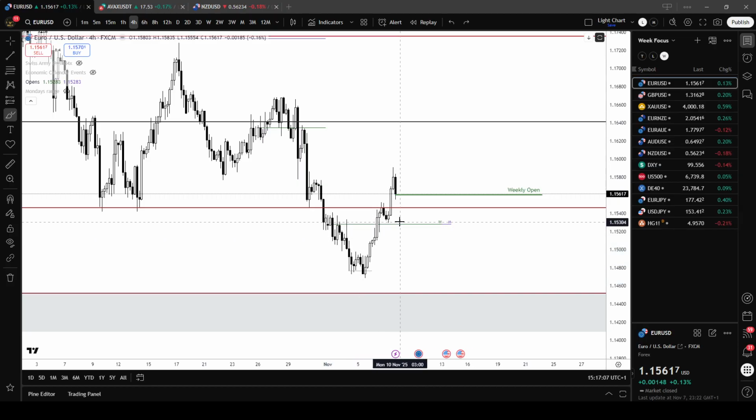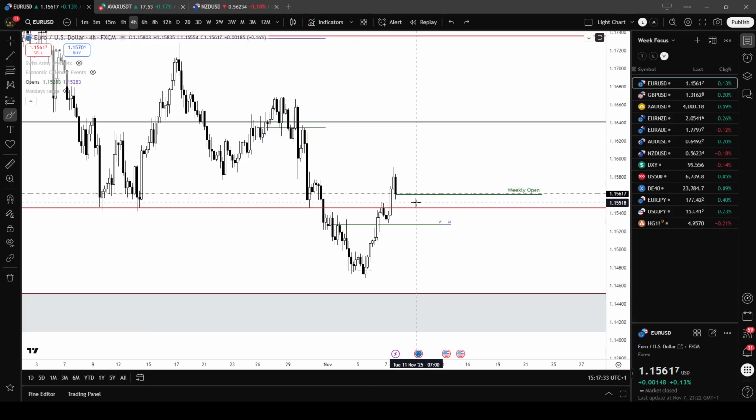And if price somehow traded below this level, I'm fading this. I'm getting long. Because also this move down here is inefficient. So if we have bullish momentum, this level and this level should hold and form the low of the week.